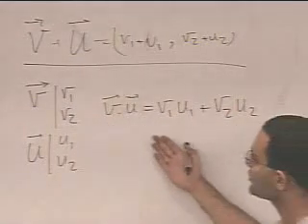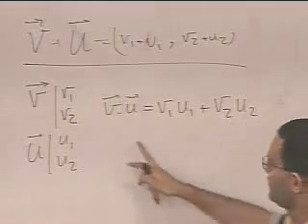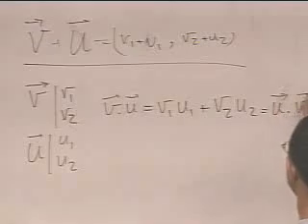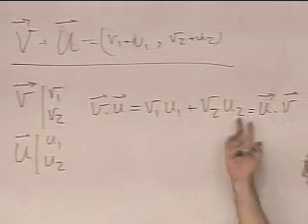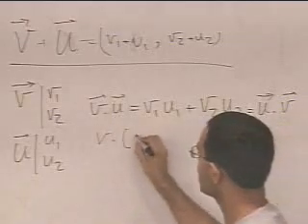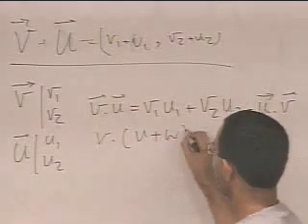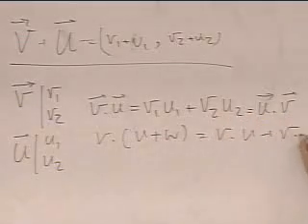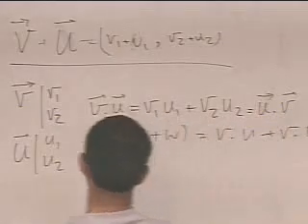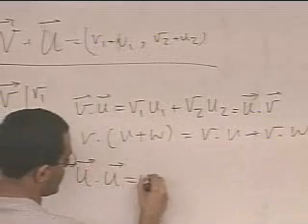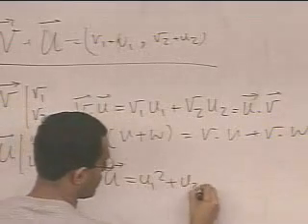Obviously there are some properties just by looking at this. U dot V equals V dot U, it's the same thing. And then you can also show that it's distributive in the sense that V dot (U plus W) is equal to V dot U plus V dot W. And now the next thing which we will need is U dot U would be U1 to the power of 2 plus U2 to the power of 2.